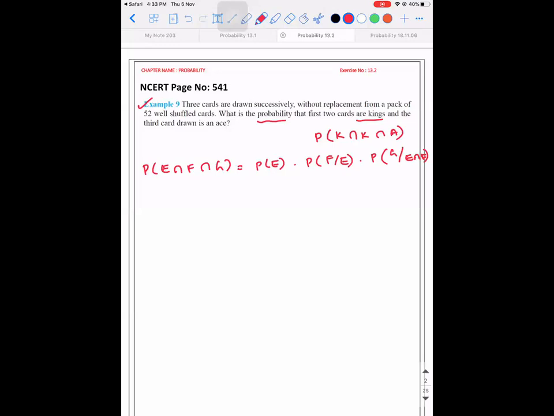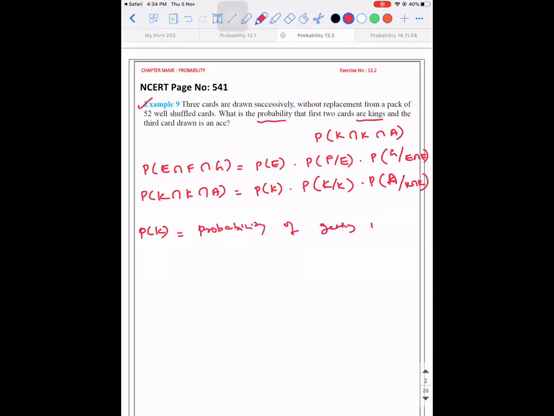So I extend this formula. Probability of K intersection K intersection A will be probability of K into probability of K given K into probability of A given K intersection K. So what is the probability of getting a king in the first draw?